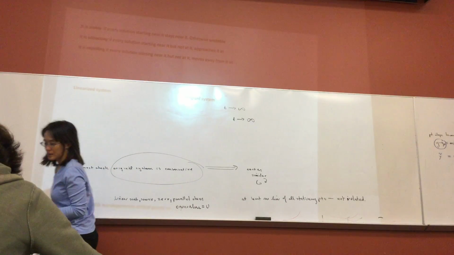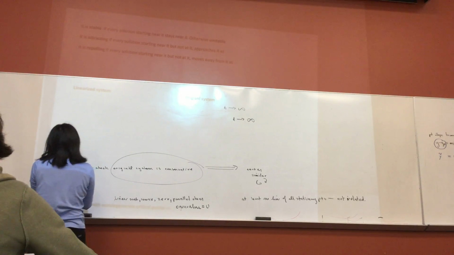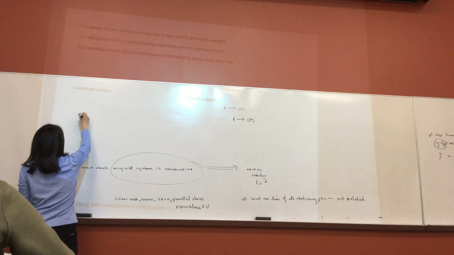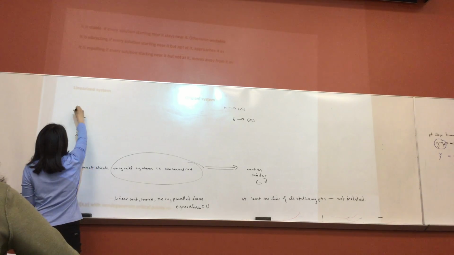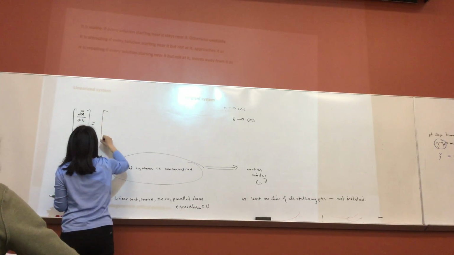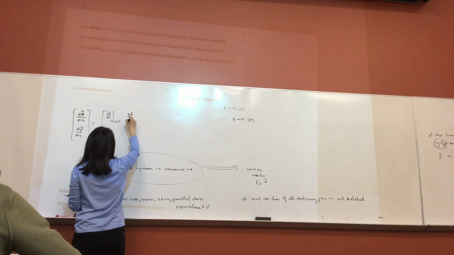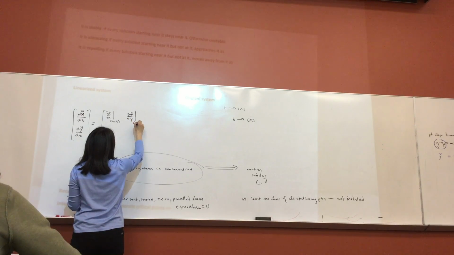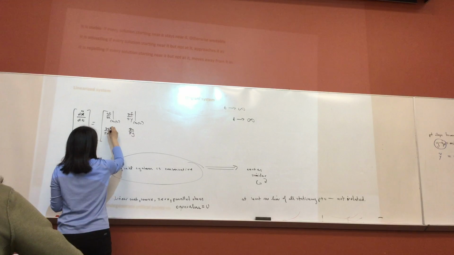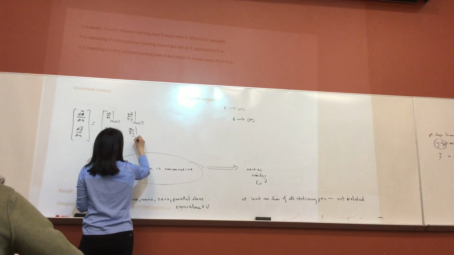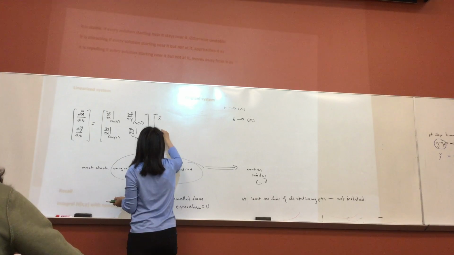Your linearized system was this: dx tilde dt, dy tilde dt equals the Jacobian evaluated at x naught, y naught, so the derivative of f, derivative of g with respect to x, derivative of g with respect to y, evaluated at x naught, y naught, times x tilde, y tilde.